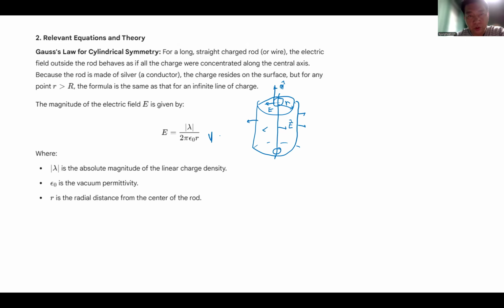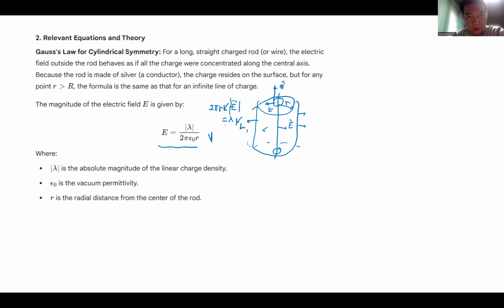Such that if you do the surface integral, you end up with 2 pi r times L times E, which is going to be the charge enclosed, which is lambda times L. Okay, so L is cancelled out. You end up with this one.